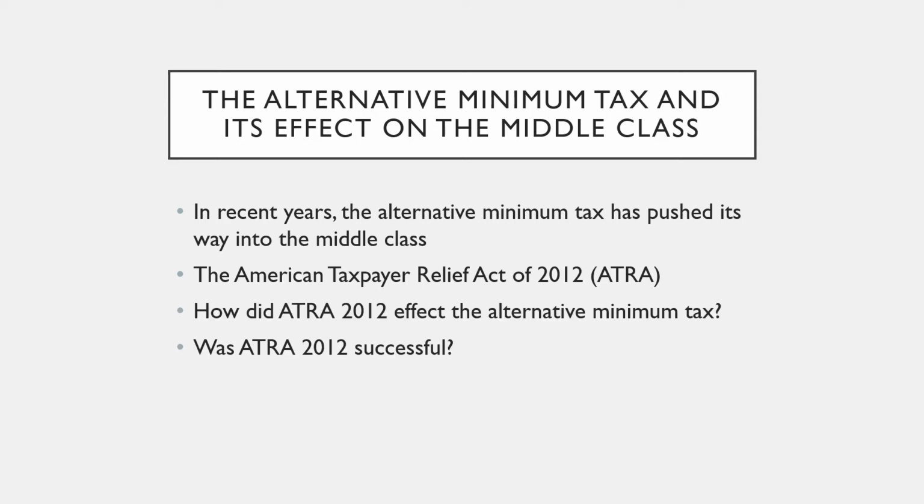So HR 2012 was successful in reducing the number of taxpayers subject to the alternative minimum tax in 2013. However, the number of taxpayers subject to the alternative minimum tax began to increase again from 2014 through 2017, even though the alternative minimum tax income tax provision was made permanent.